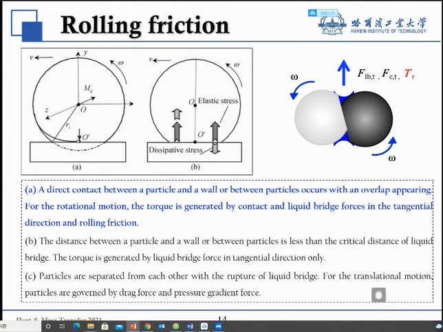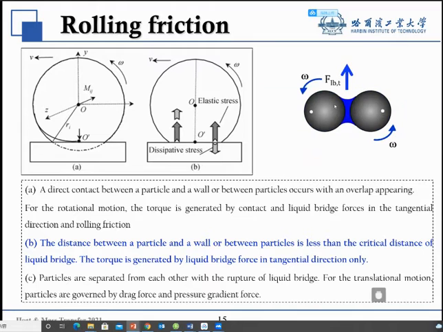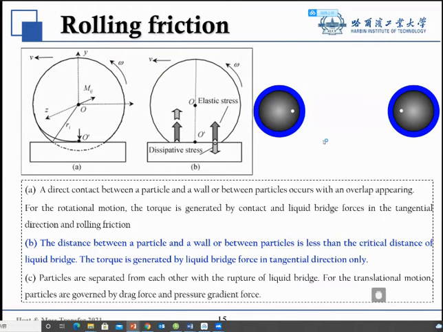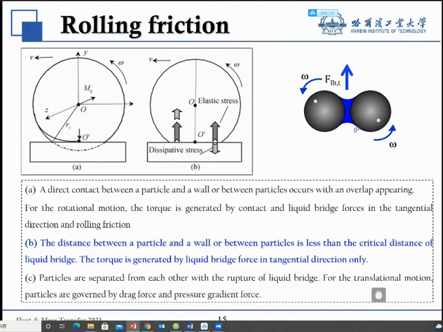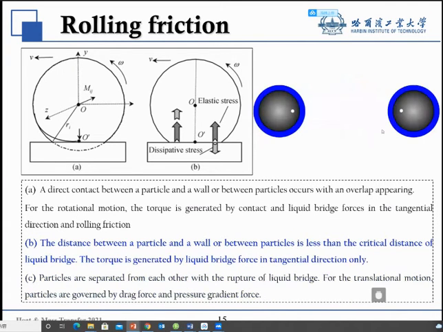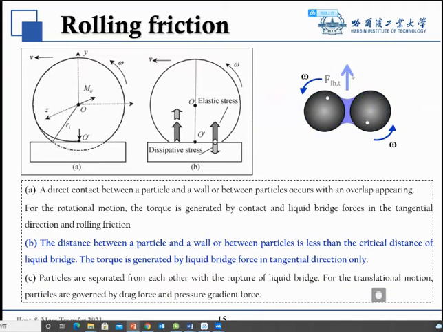For the rotational motion, the torque is generated by contact and liquid force in the tangential direction and rolling friction. We can see the video again. We can find that when the distance between the particles or the particle and the wall is less than the critical distance of the liquid bridge, the torque is only generated by the liquid bridge force in the tangential direction.